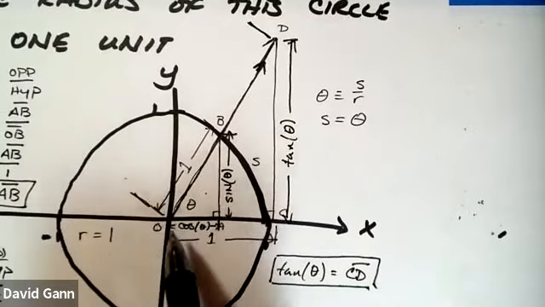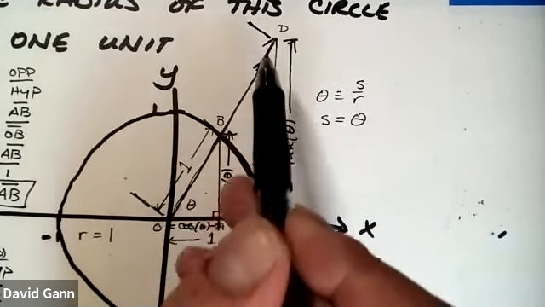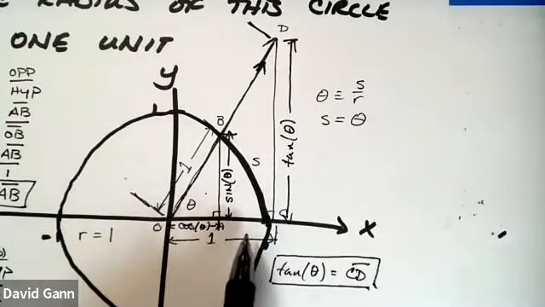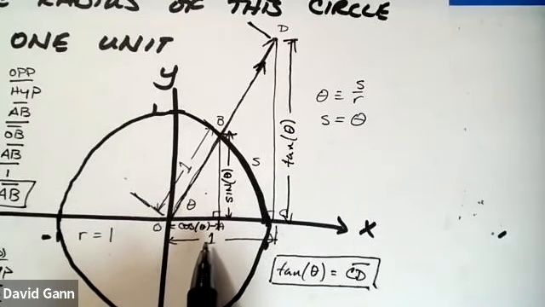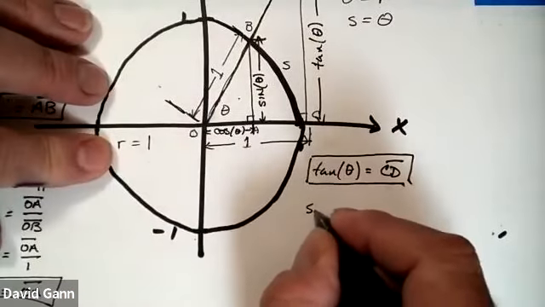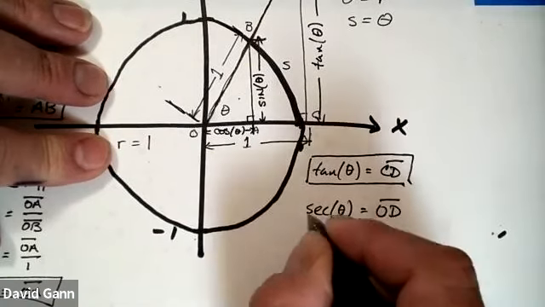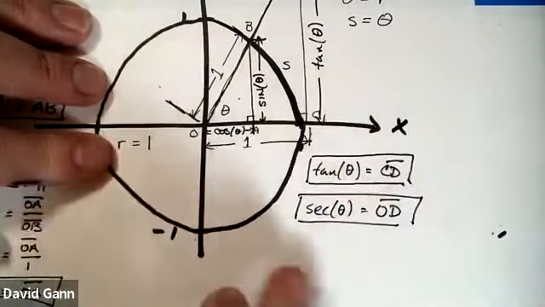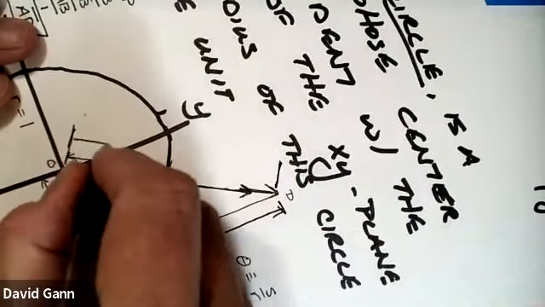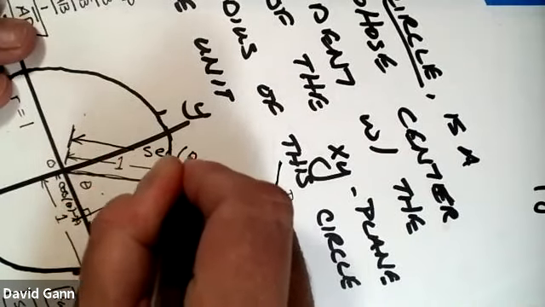Now for this particular triangle OCD, the hypotenuse is OD, and the adjacent is OC, which happens to equal 1. So by a very similar argument to what we've done 3 times now, secant of theta will be equal to the length of line segment OD. Okay, so that tells you, if you draw it on the picture here, that this length is secant of theta.